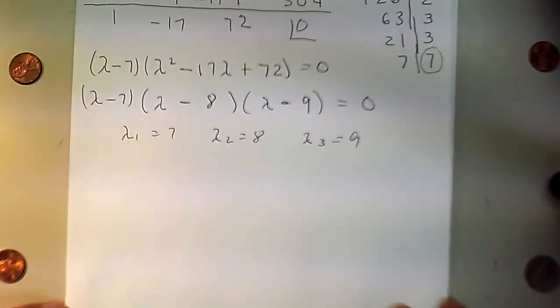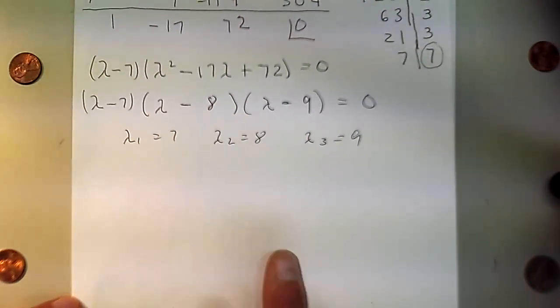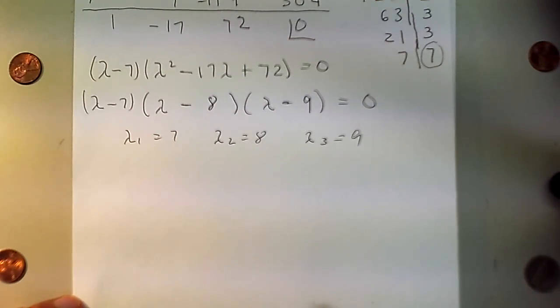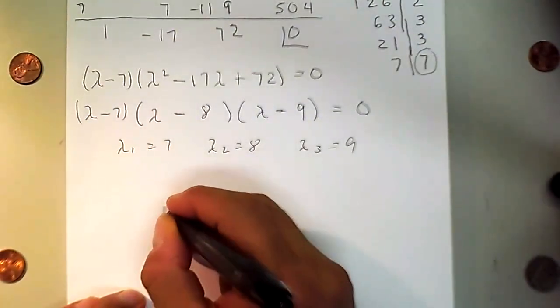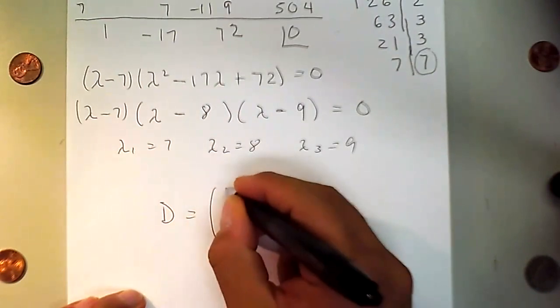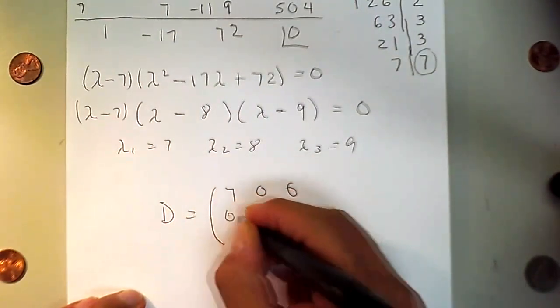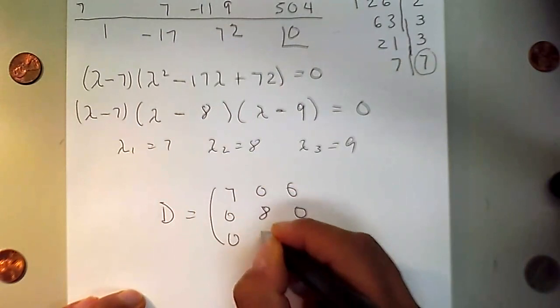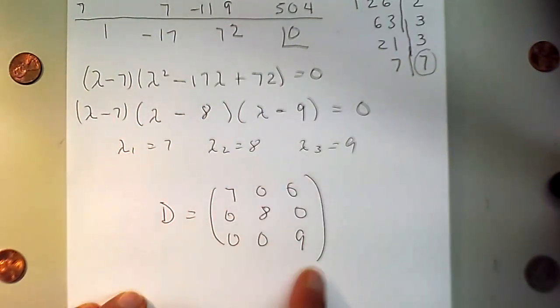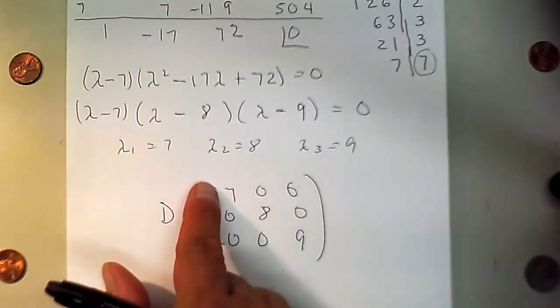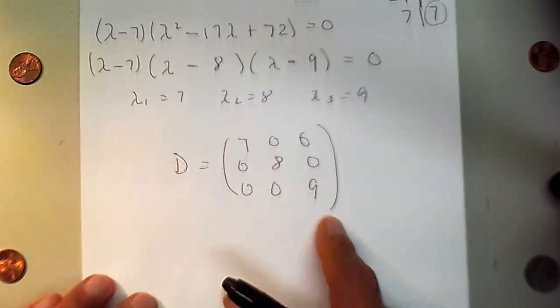All right, so now we want to find the corresponding eigenvectors. By the way, what we have thus far is the diagonal matrix 7, 0, 0, 0, 8, 0, 0, 0, 9. The eigenvalues give you the diagonal matrix.